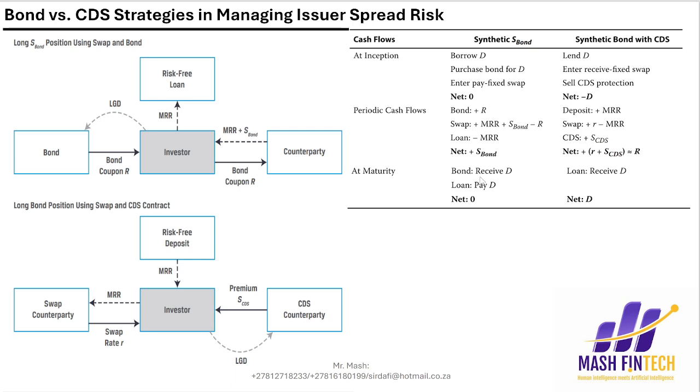Okay, and then let's look at the taking of long positions. So basically this slide is going to show us the bond versus CDS strategies in managing issuer spread risks. This can be done in two ways.